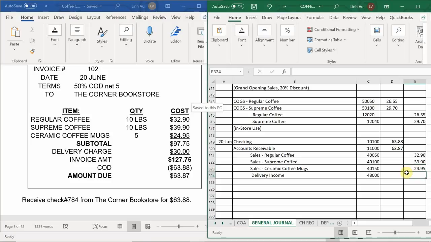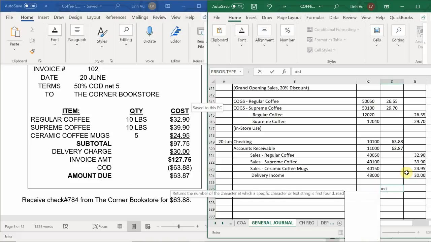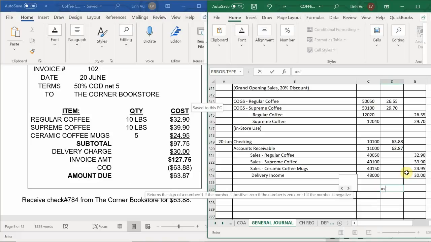Okay. And what's my delivery fee? $30. Okay. First rule of thumb, make sure that each side matches. It should be 127.75.